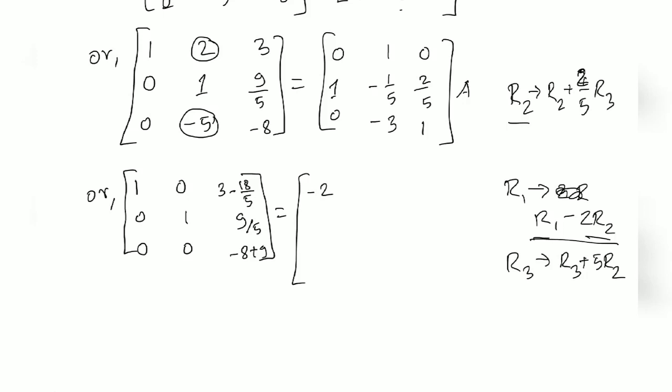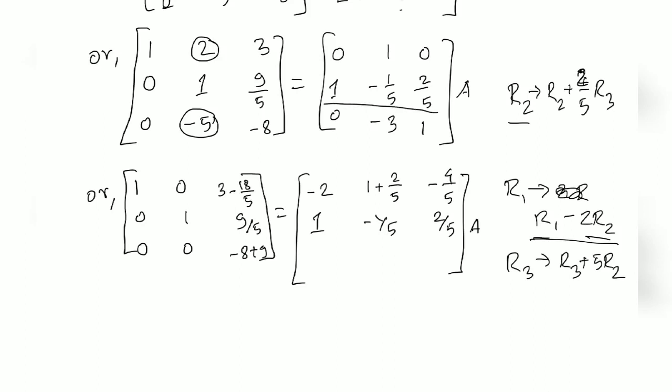So you have 9 and you have minus 2 here when R1 changes, and you have 1 and minus 4 by 5 A. Similarly R2 will have no change in this case, 2 by 5 and A, and R3 will be changed.